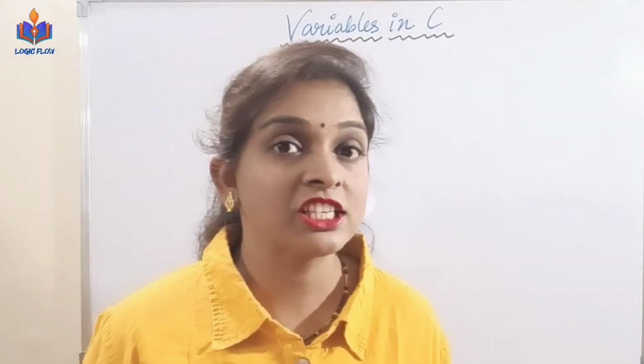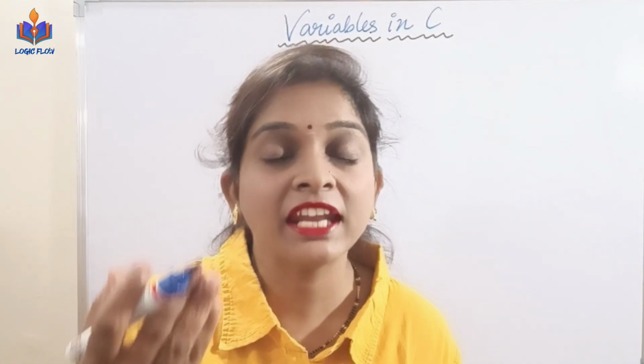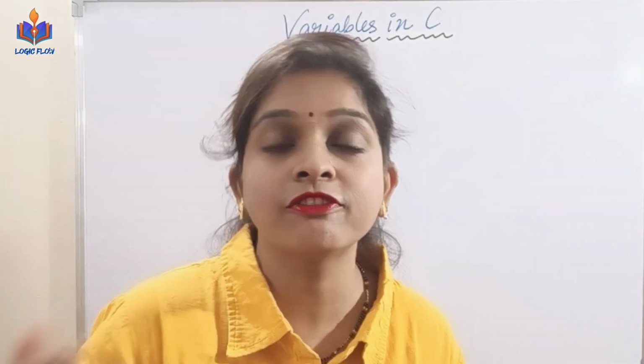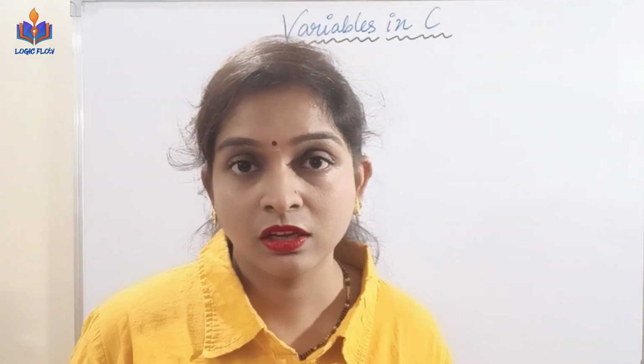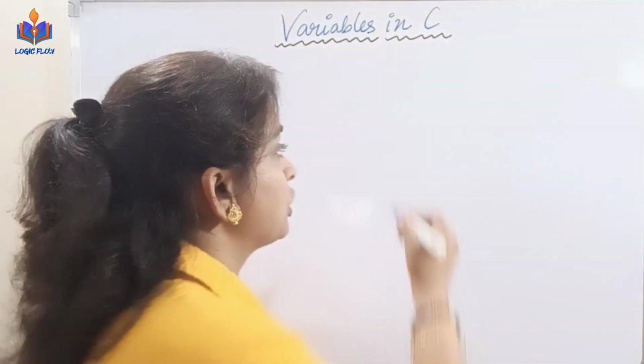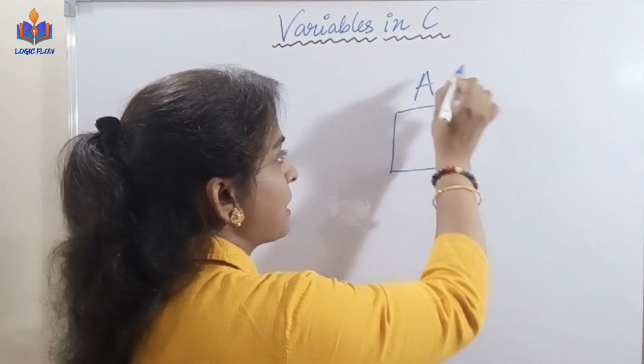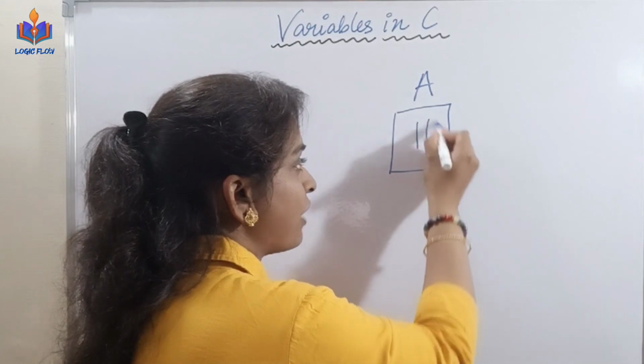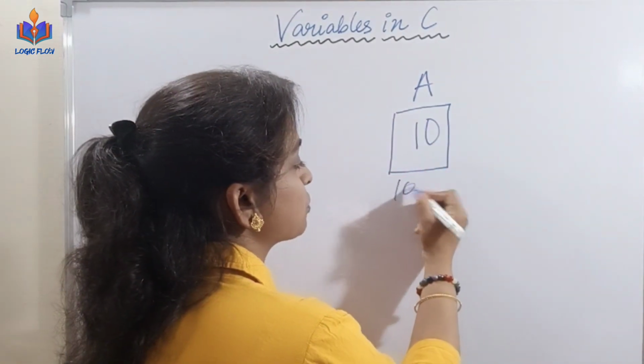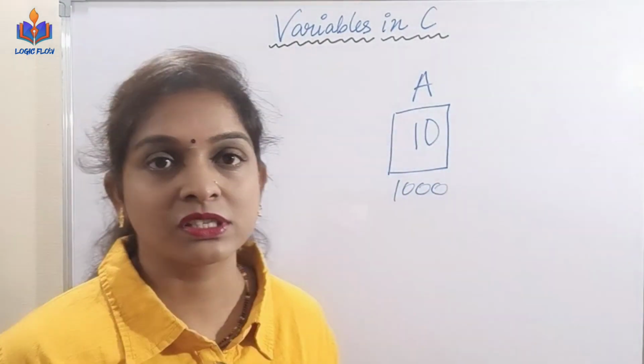So what actually is a variable? A variable is nothing but a user-friendly name that we give to a memory block. So it is the name given to a memory block. Say for example, I'll give the name A and I'm going to store some value here, and this memory block is associated with some address.